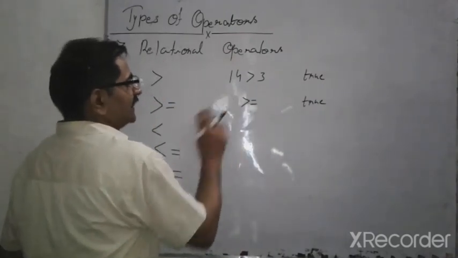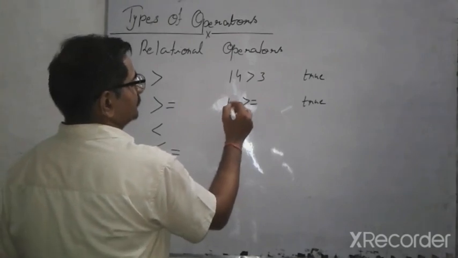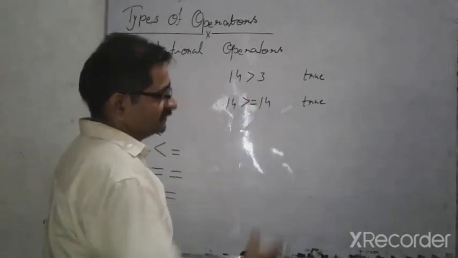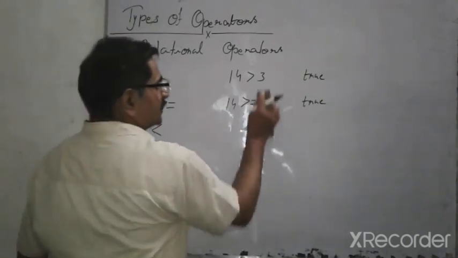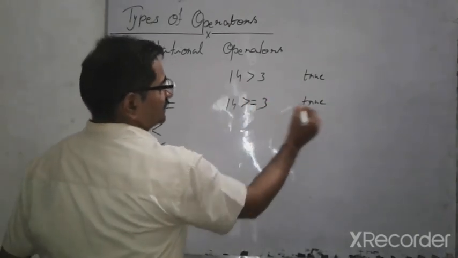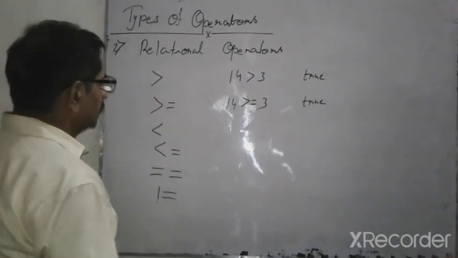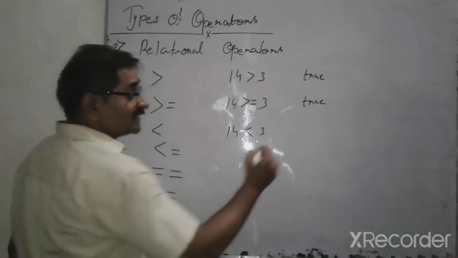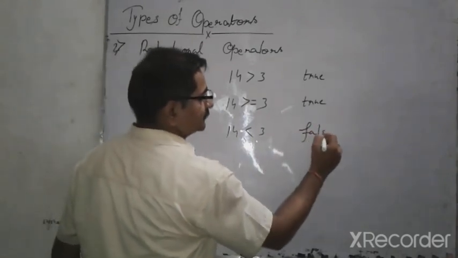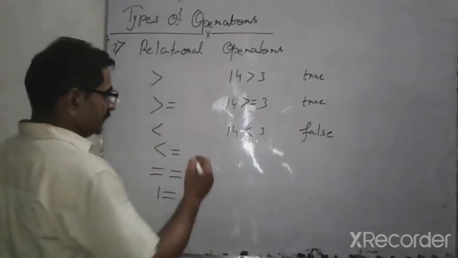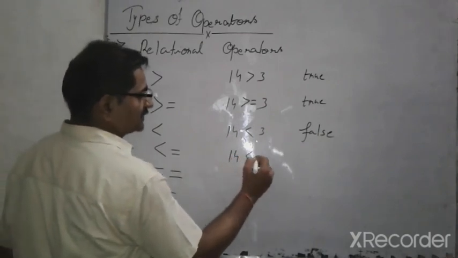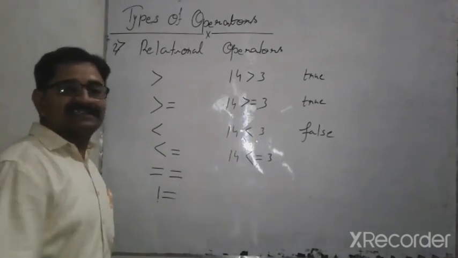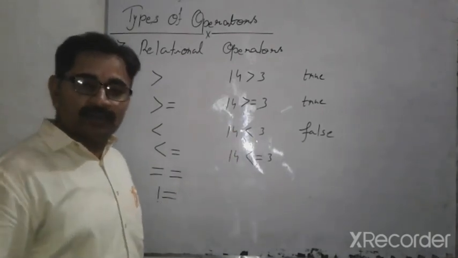Again we take the values, suppose 14 and 14, that is true, and in the case of 3 also we get the same value. Now 14 is less than 3, that is false. If we talk about 14 is less than or equal to 3, neither is 14 less than 3 nor is 14 equal to 3.